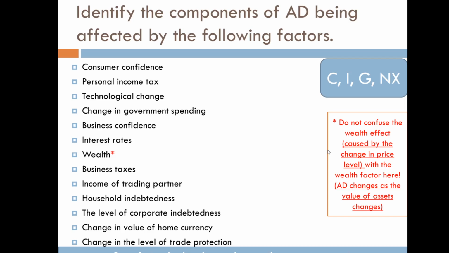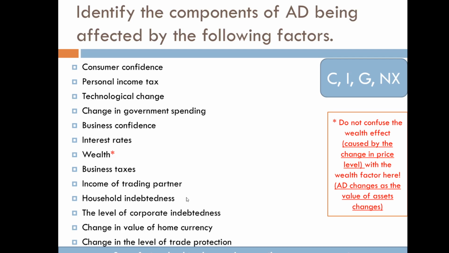So if the household indebtedness is getting higher, the AD is going to be decreasing, because you have to repay the loan. So you are not going to spend much money in the future.